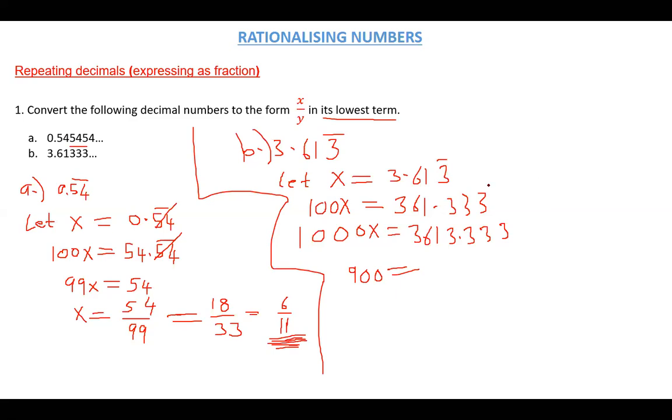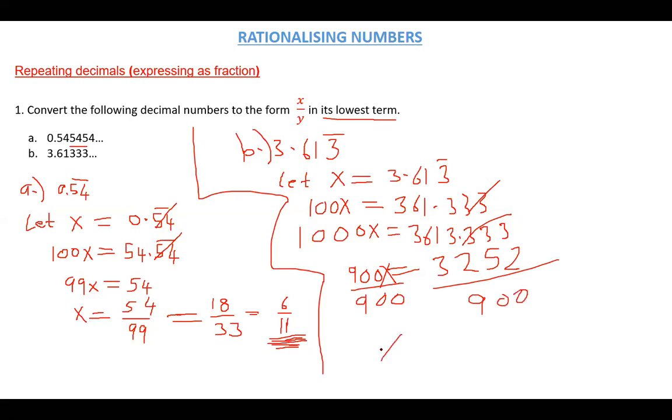Remember, the repeating numbers here will just cancel themselves when you subtract, so you just subtract the numbers in front. You're going to have 3252. Oh, there's supposed to be x here. Then it's just a matter of dividing by 900, even this side you divide by 900.